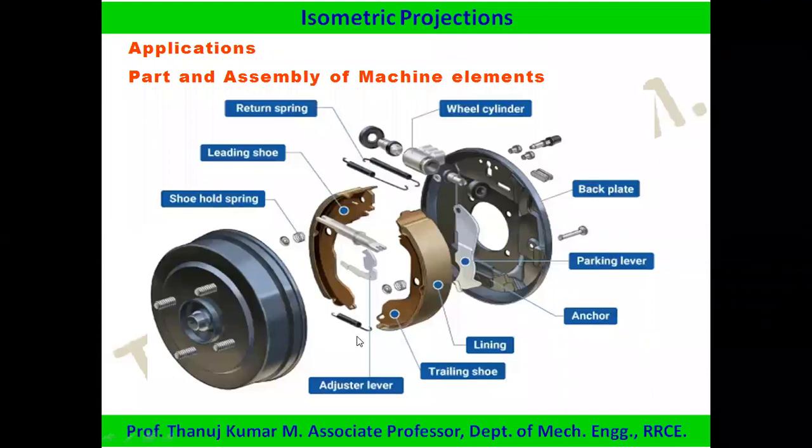The small nuts and linings cannot be seen clearly, but in the isometric view it is very clear. It gives an engineer a more versatile understanding of the object. So this is the exploded assembly of a machine element, maybe an automobile machine element.